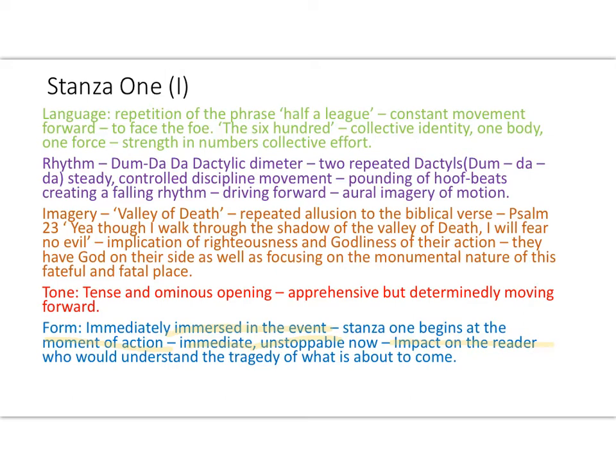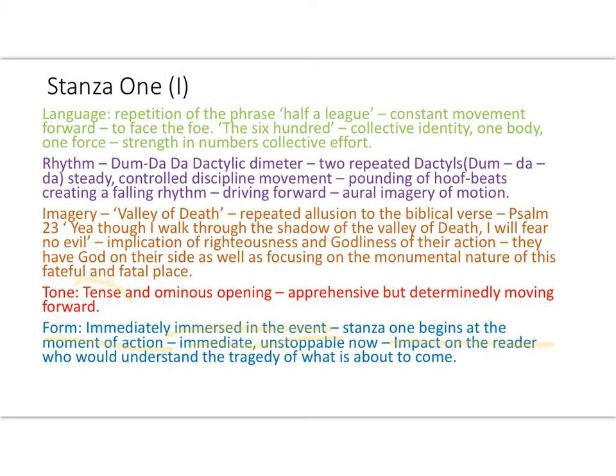It's obviously tense because we're at a moment of action, and there is a sense that this is an ominous moment, because remember, the tragedy would be well known. Everybody knows how this is going to end. Obviously the people taking part in that moment, as fictionalized here by Alfred Lord Tennyson, don't know how it's going to end, but you, the reader, will.